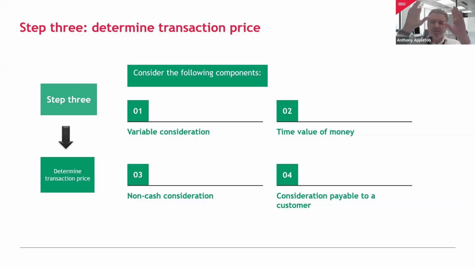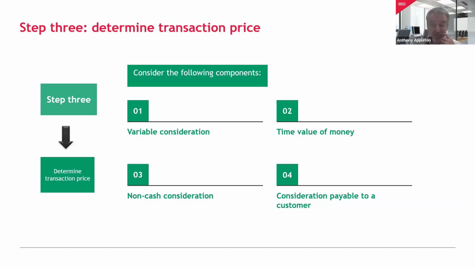Step 3 looks at what is the total consideration, or the total transaction price, as it's called, for all of the contract as determined in step 1. And then in step 4, we'll break that transaction price down and allocate it to the individual and distinct performance obligations. So step 3 first, as I said, looking at the entire transaction price.